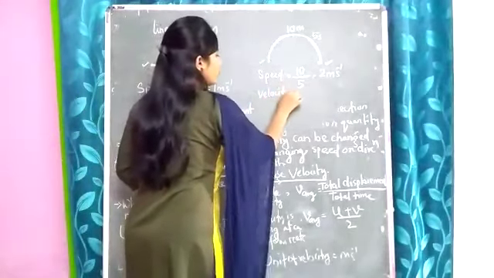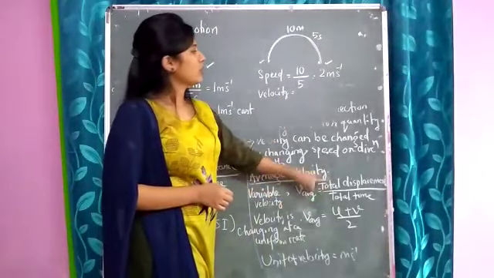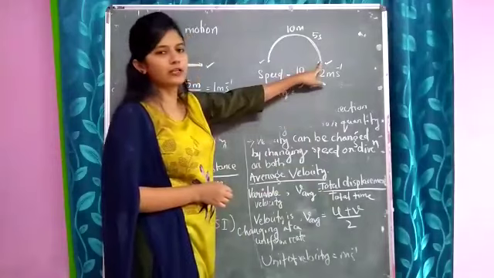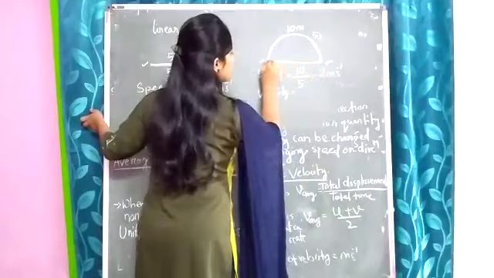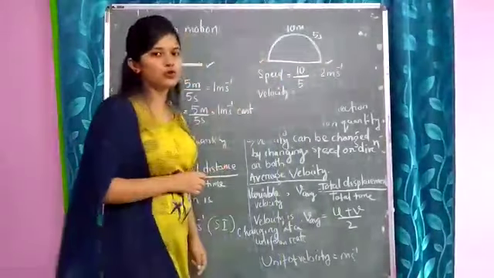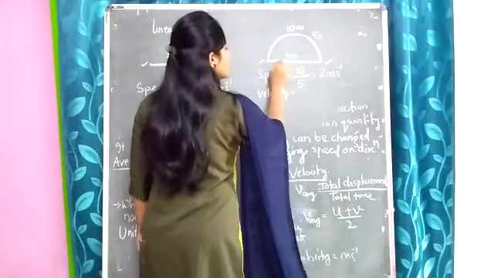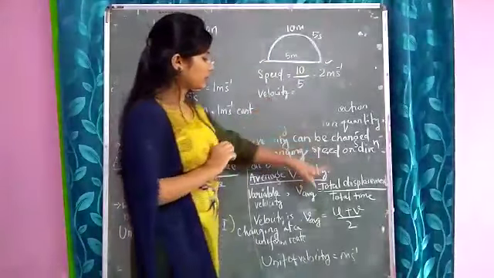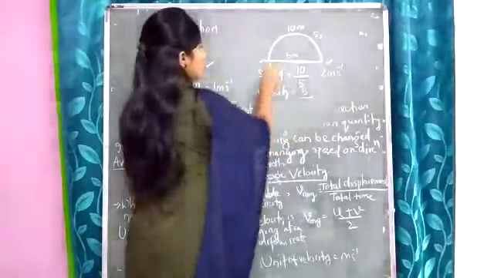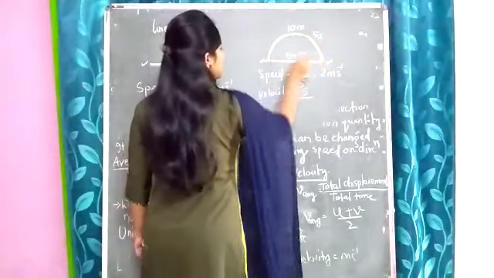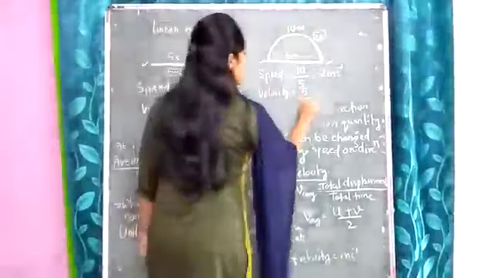But if we go for velocity now, what is the formula for velocity? It is total displacement by total time. The displacement is the final position minus the initial position, the shortest distance between the initial and final position. Here, suppose the distance from here to here is 5 meter. So in place of displacement I will write 5, divided by the time taken by the body to move from here to here, the same 5.